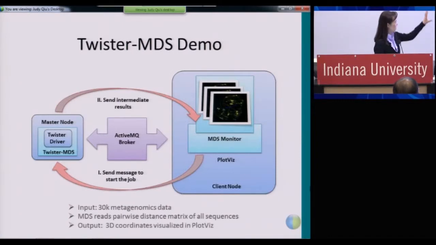With that algorithm running on the clusters using Twister, we can generate all those dimension reduction results in a timely manner, and we use the middleware system to transfer the data to a local visualization tool called PlotViz. The demo is using 30,000 metagenomics data points, and we'll show you this demo.